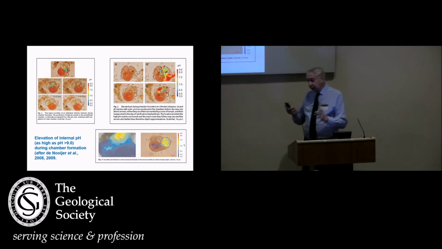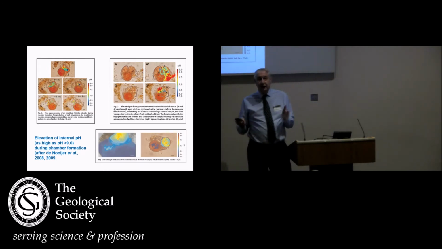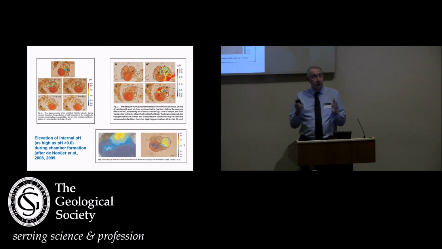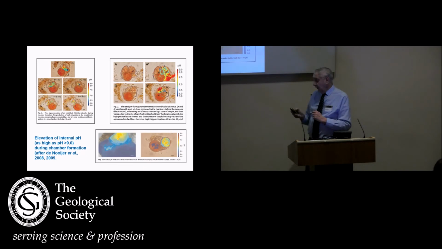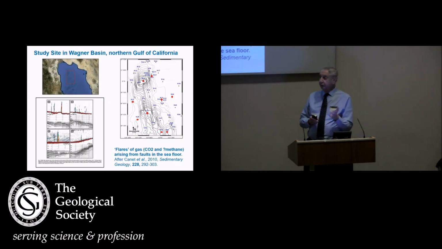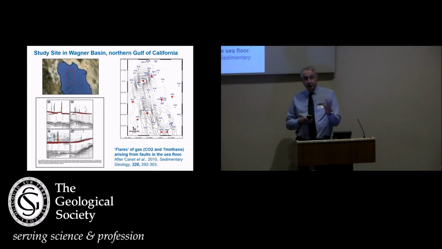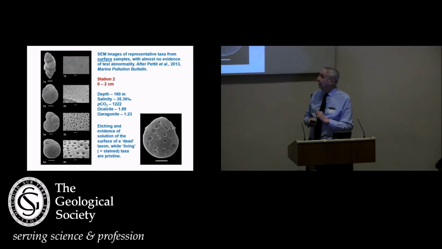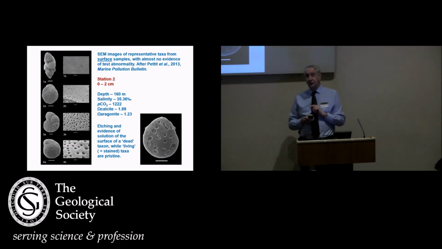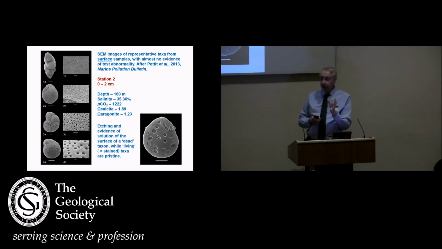Why? Without going into the details, to create a calcareous test, the foraminifera have to raise their internal pH to about 9. So if you reduce the external pH to about 7.6, 7.5, they cannot produce a calcareous test. End of story. When you go to an area like the Gulf of California, Gulf of Cortez, where there's methane and carbon dioxide vents coming out onto the sea floor, what you find is if you collect a living foraminiferid, in other words, one that we know had protoplasm in it when it was collected, what you see are beautifully pristine pores.